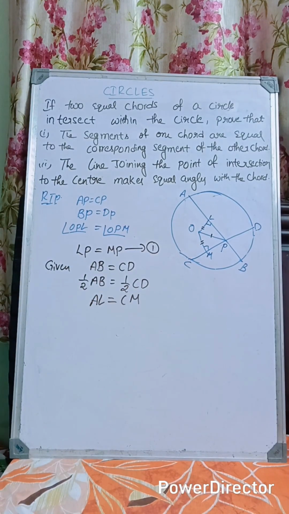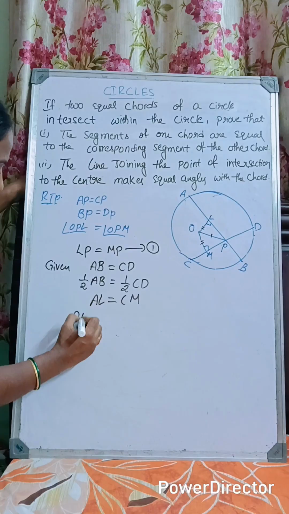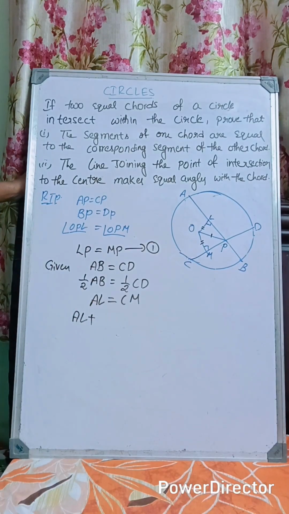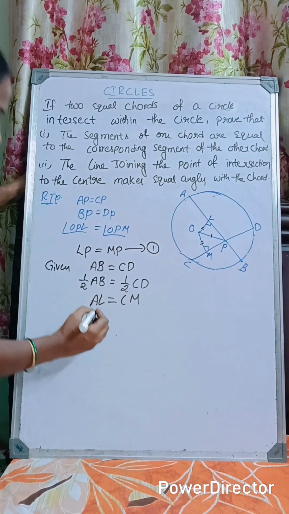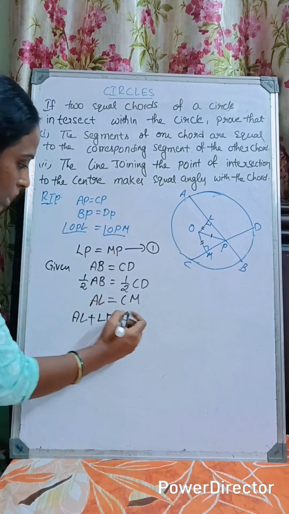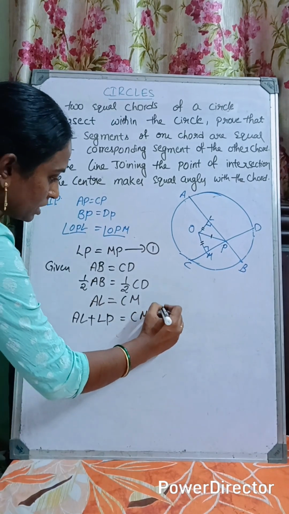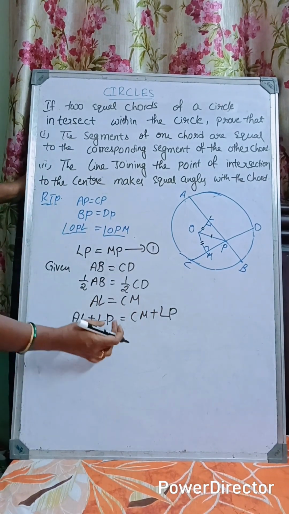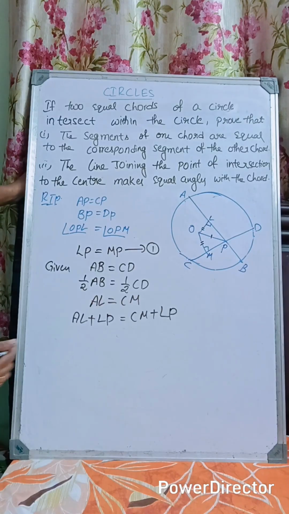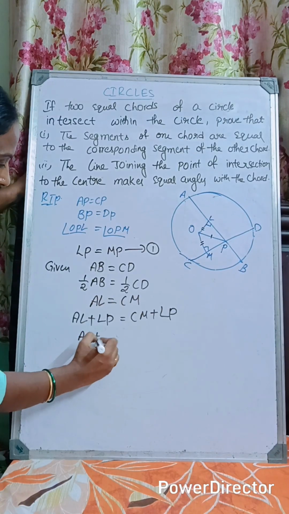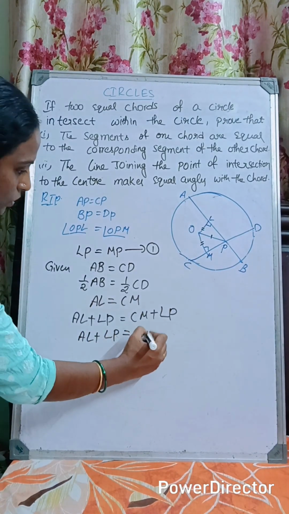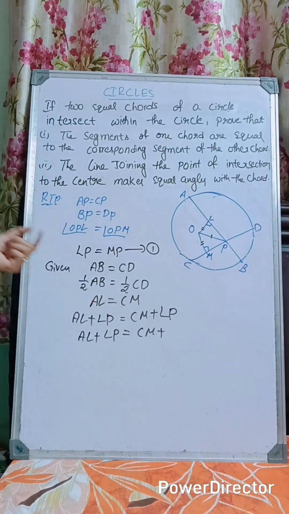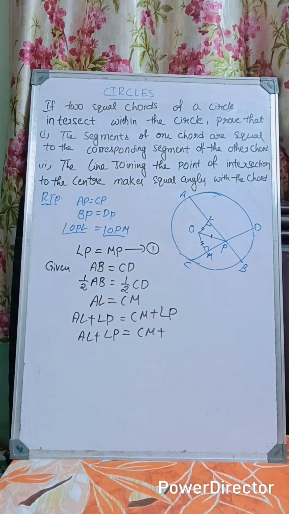So, as we know, AL, I am going to add LP on both sides. AL plus LP is equal to CM plus LP, because equals we can add on both sides. Correct. Now, AL plus LP is equal to CM plus LP, is nothing but can I substitute with MP?